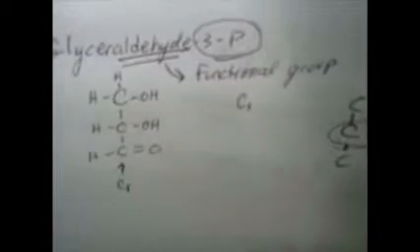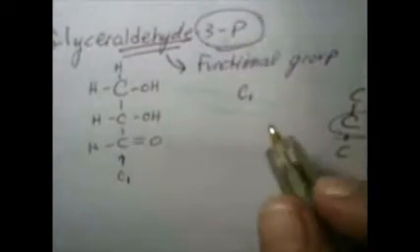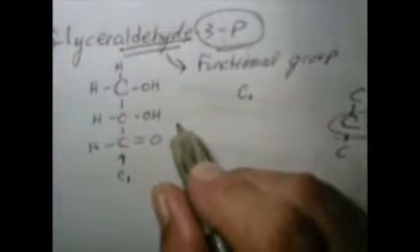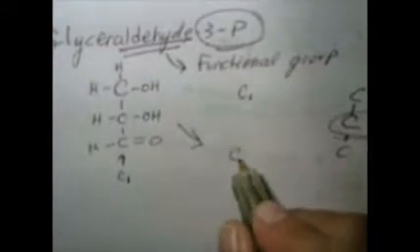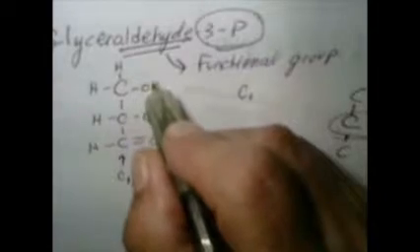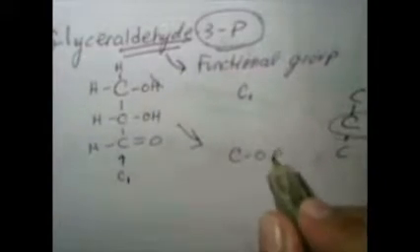What else do we know? We know glyceraldehyde is derived from glycerol, and there's one other modification we need to make to this compound. If this is C1, the molecule name is telling us to put a phosphate group on C3. And that's the only other modification we need to make. So let's redraw this molecule, remove the H, and put in a phosphate group.